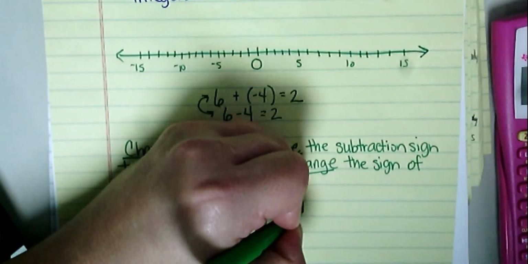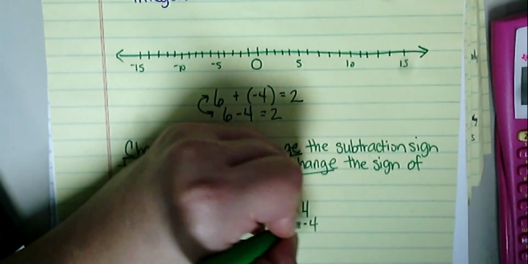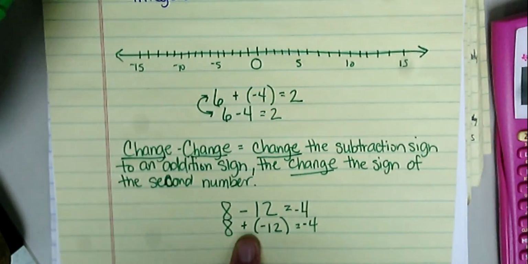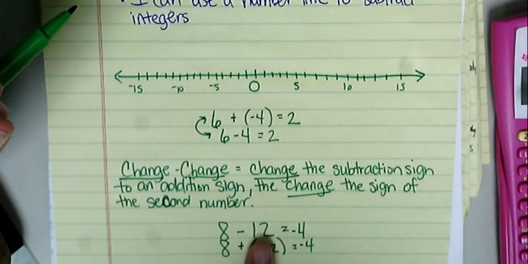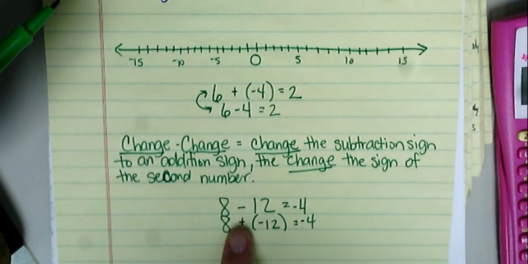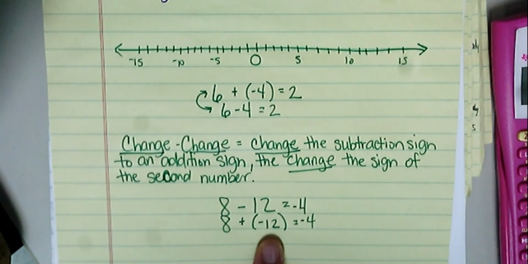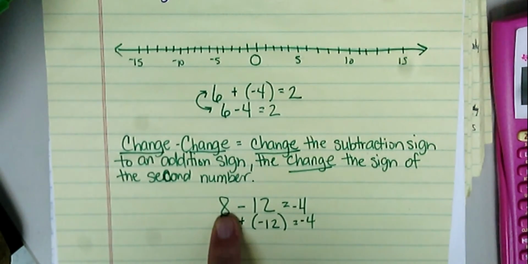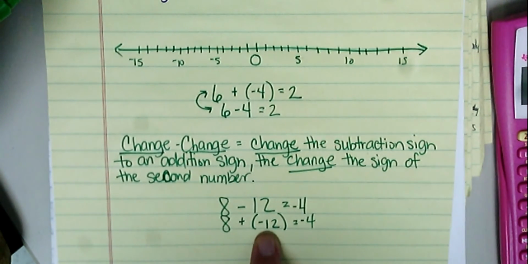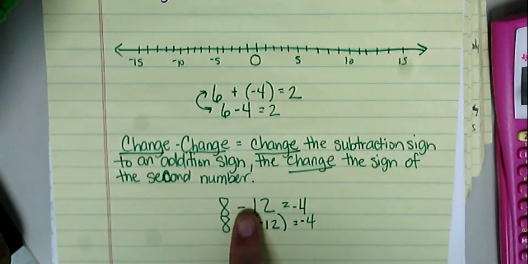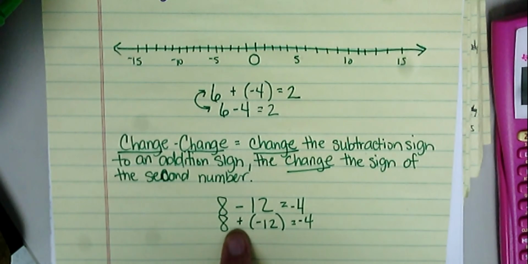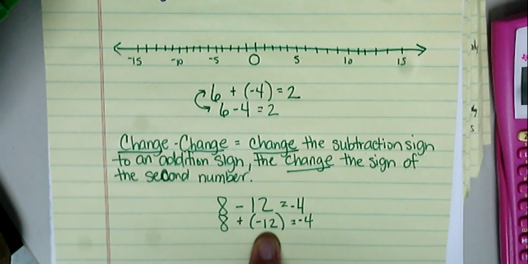Okay? The reason that this works is because taking away a positive number is the same thing as adding a negative. I'm just saying 8 take away 12. So I'm putting these two together. It is the same thing. 8 minus 12 is like saying I'm going to add 8 and then take away 12.